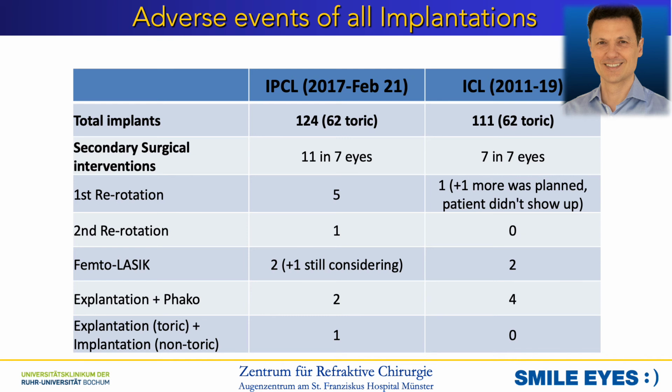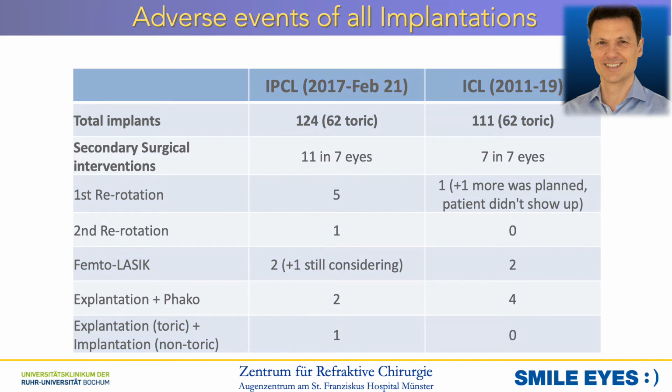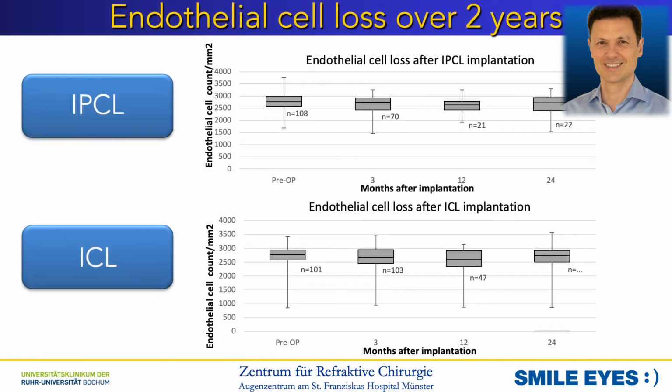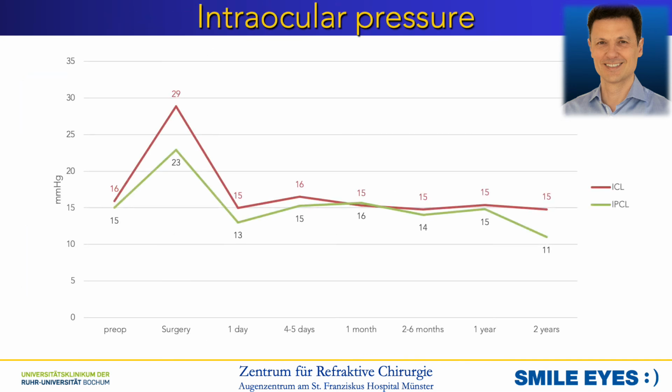Cataract occurred twice after IPCL implantation and 4 times after ICL implantation, and the vaulting was perfect in all of these highly myopic eyes, and cataract formation seemed to be age and myopia related. 2 years after implantation of the IPCL and of the ICL, we observed no significant endothelial cell loss. Similarly, the intraocular pressure was comparable with both phakic IOLs.